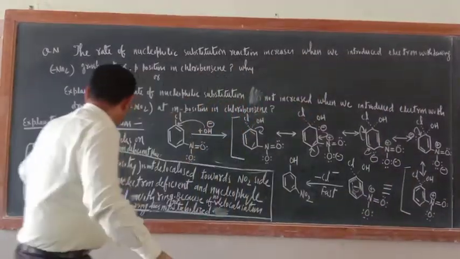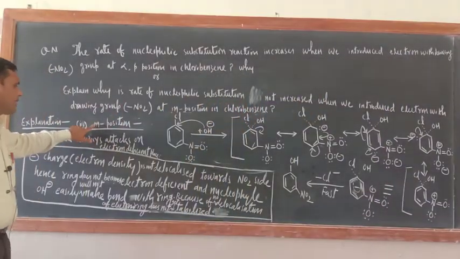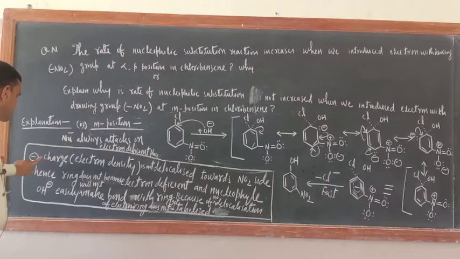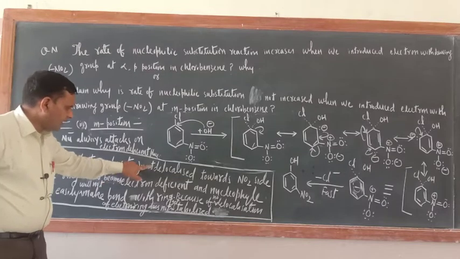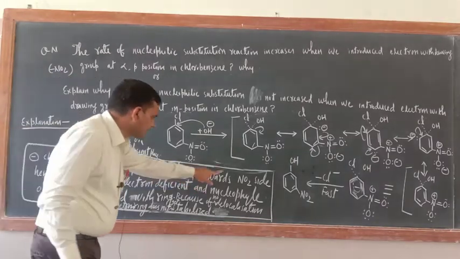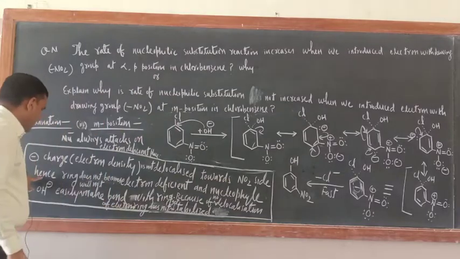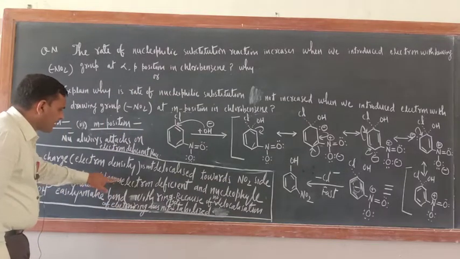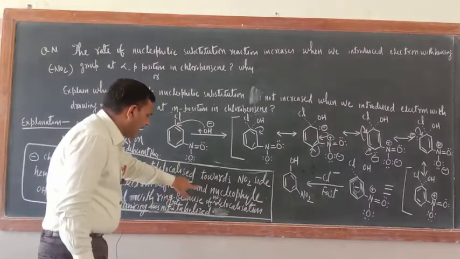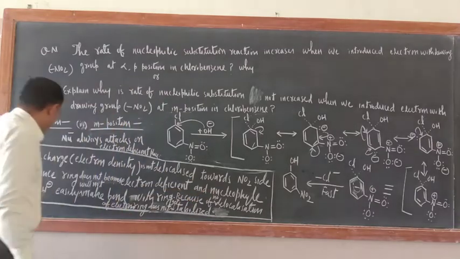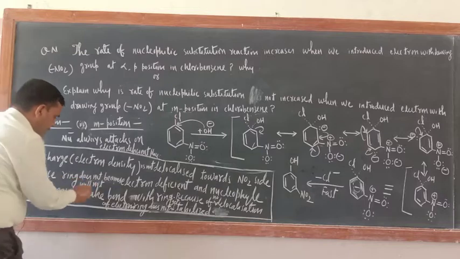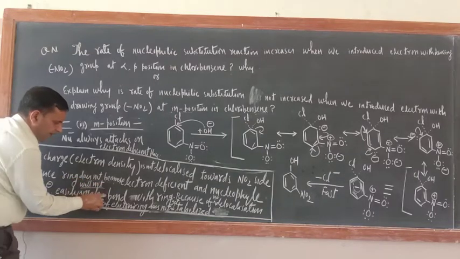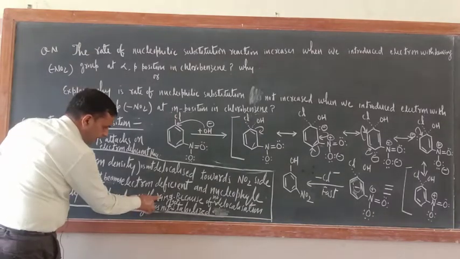When an electron withdrawing group is present at the meta position, what is the explanation? The negative charge electron density is not delocalized towards the NO2 side. Hence the ring does not become electron deficient and the nucleophile OH negative will not easily make a bond with the ring.